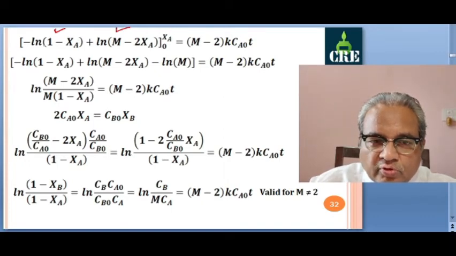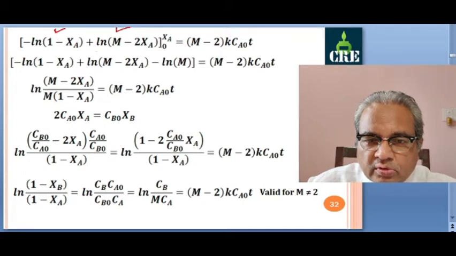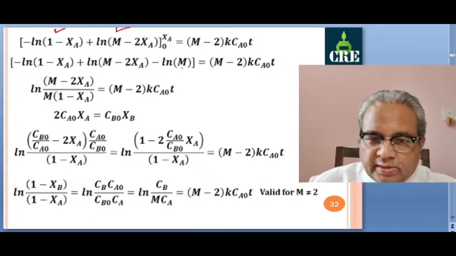If I substitute the upper limit xa, we get the same terms: minus ln of (1 minus xa) plus ln of (m minus 2xa). When I substitute 0, ln of 1 is 0, so that term goes. With xa equal to 0, we are left with ln of m only, minus the lower limit, so we have a minus sign here and a minus sign here.